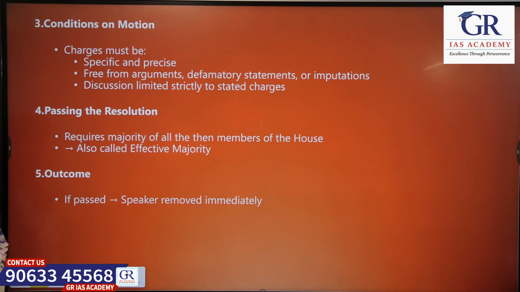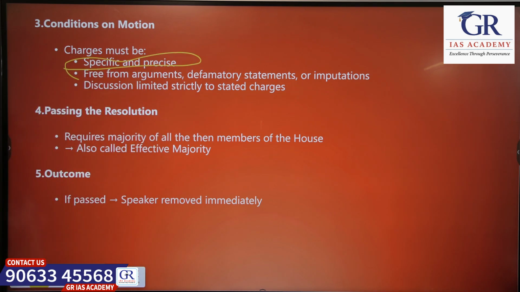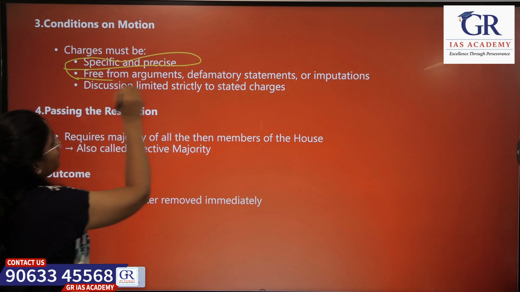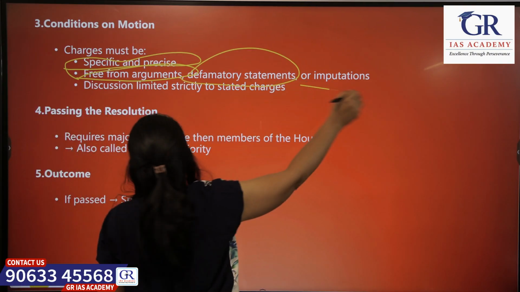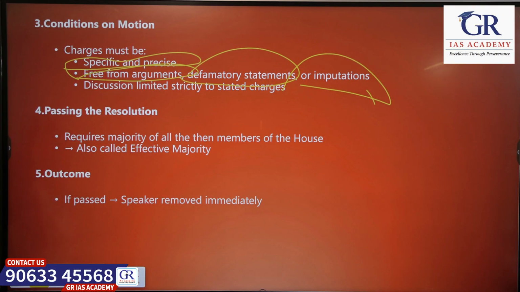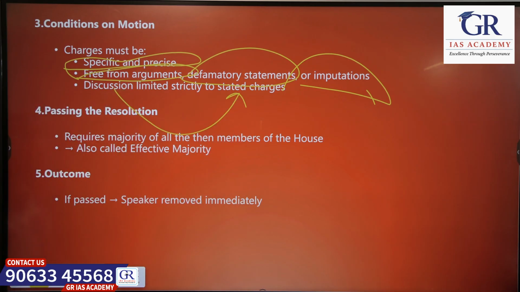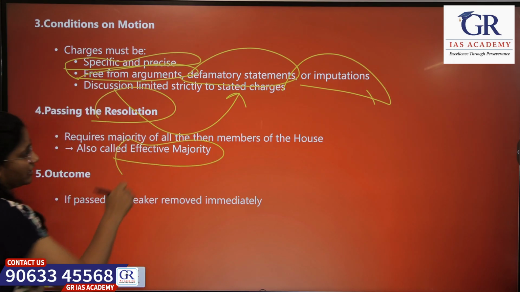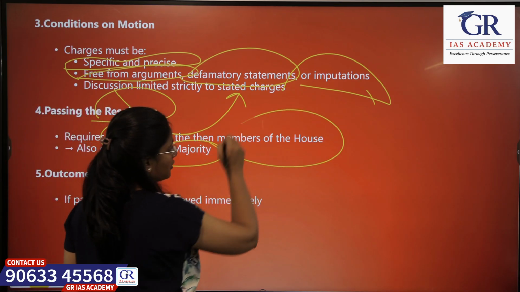So what are the conditions for admitting the motion? The motion should state the charges specifically and precisely, and it should be free from any arguments or defamatory statements or imputations. There will be discussion only on the stated charges, and then the resolution must be passed with an effective majority, that is, a majority of all the members of the house.